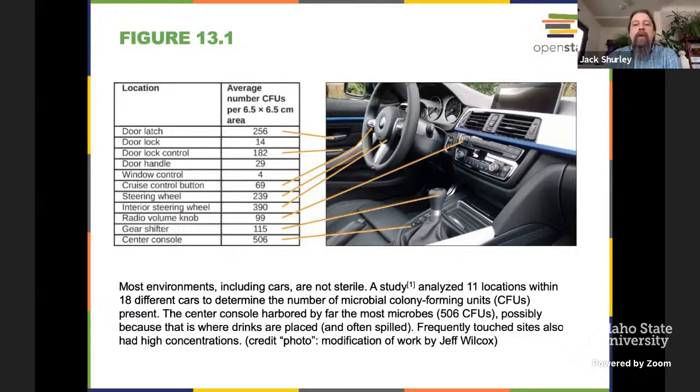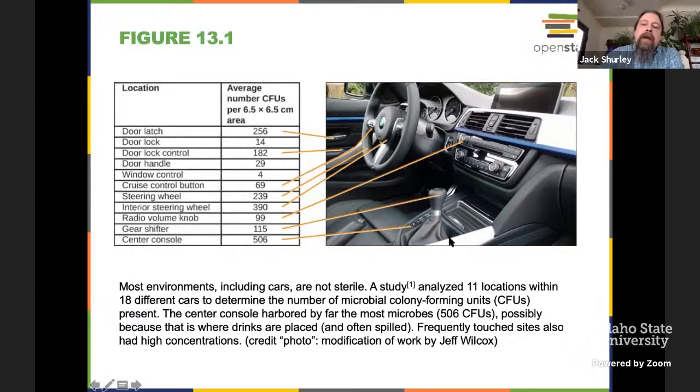So we'll talk about some chemical mechanisms, and I believe in a couple of weeks in the lab, you're going to look at different types of products that might potentially inhibit growth of organisms, or maybe not. And so it kind of fits with this chapter of material.